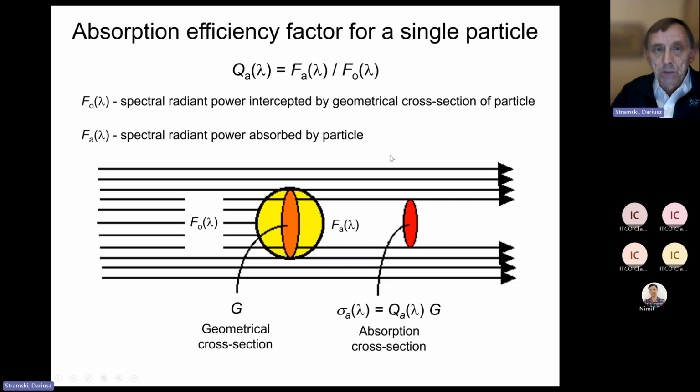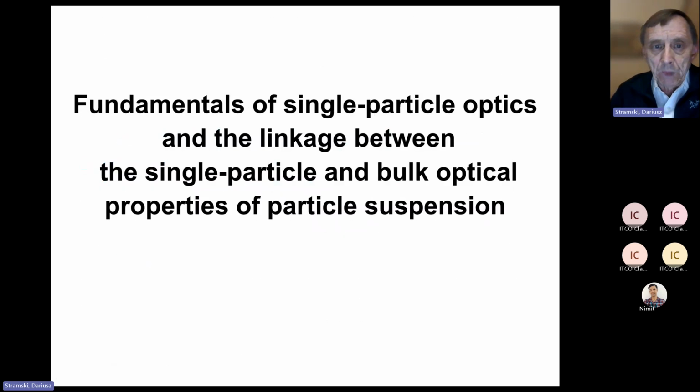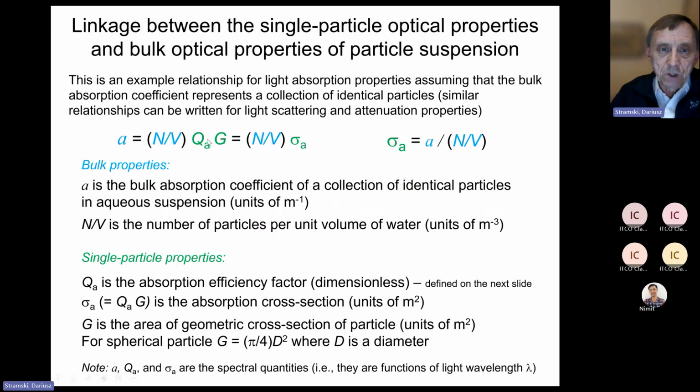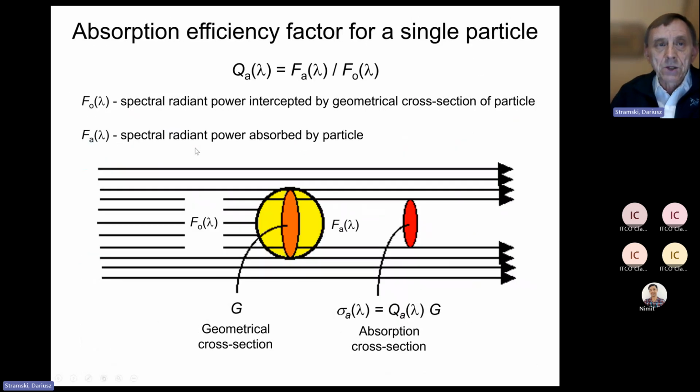So let's focus now our attention on the optical efficiency factor Q sub A. The absorption efficiency factor for a single particle is a fairly straightforward, simple concept, which is illustrated in this graph. It is defined as the ratio of power absorbed by a particle to power which is intercepted by the projected area of that particle.